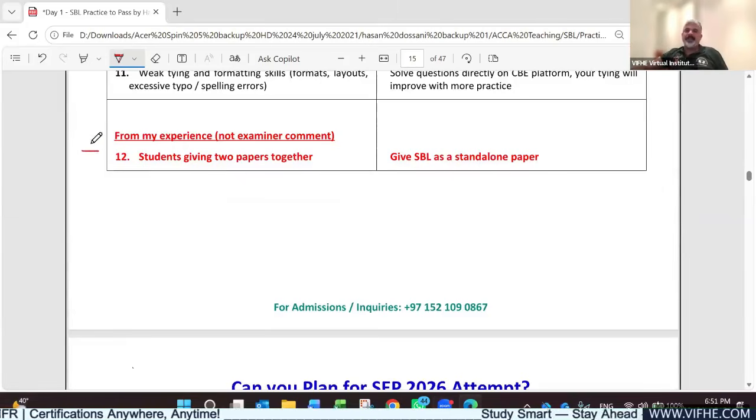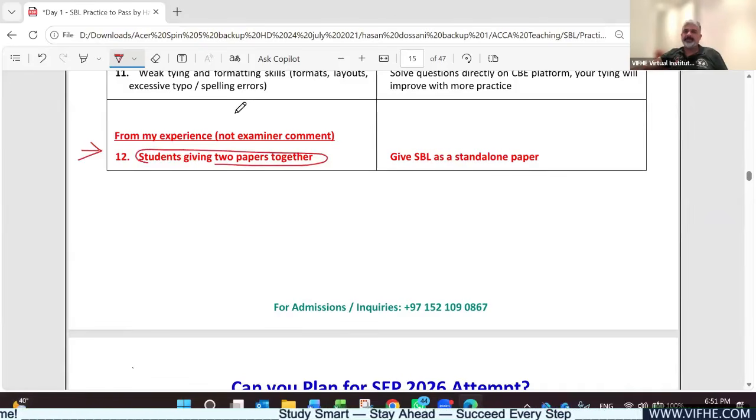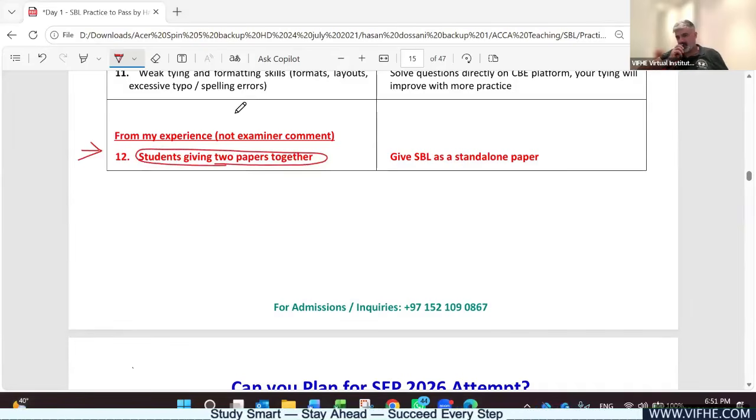The last possible reason which I have noticed is that students are giving two papers together. How many of you are giving two papers in September? Write to me. Several students, close to 2025.